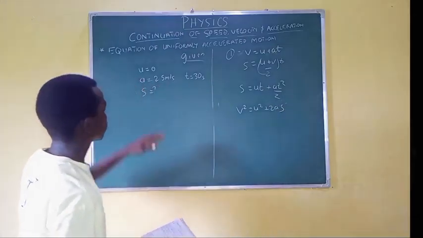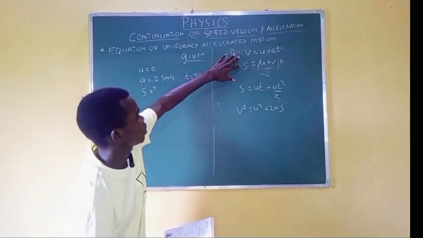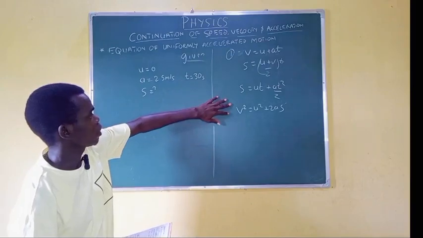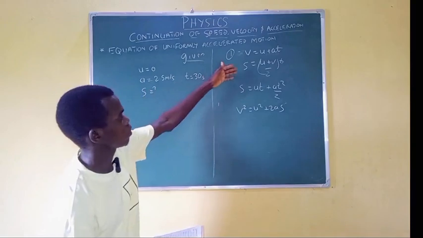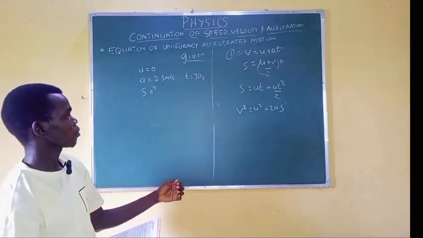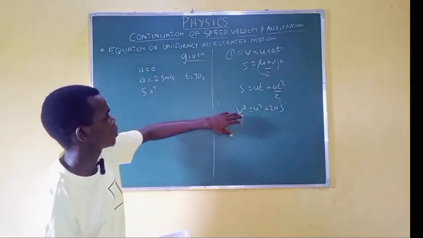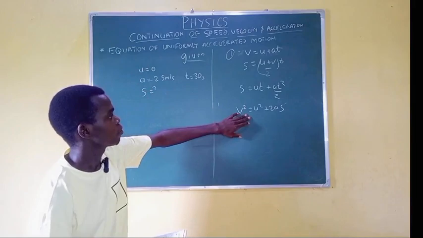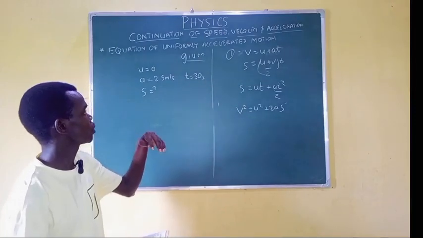When you look at these parameters and compare them with these four equations, we are asked to find distance. We have three equations that have distance, but you will now look at the parameters to know the one to choose from these four equations.